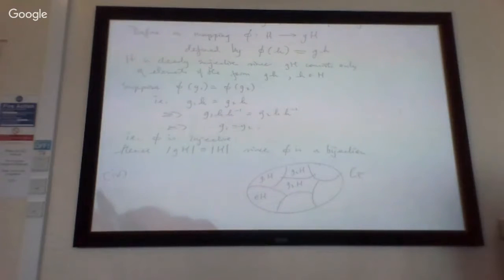So the fact that they partition G comes from part 2.